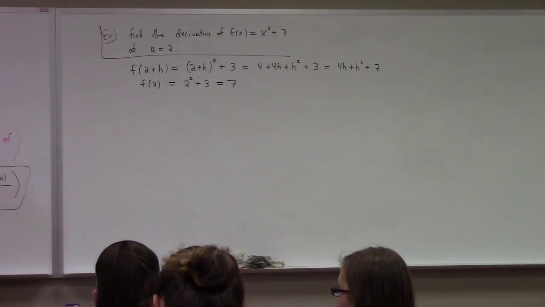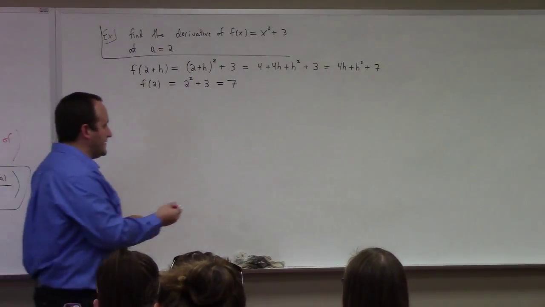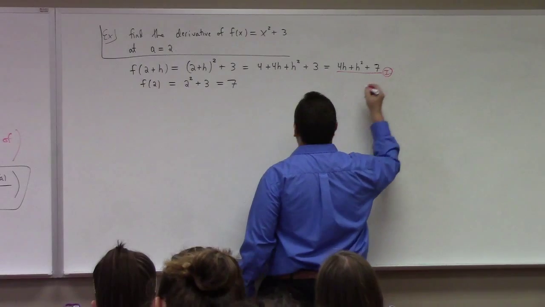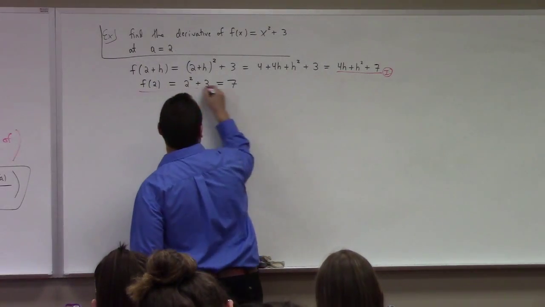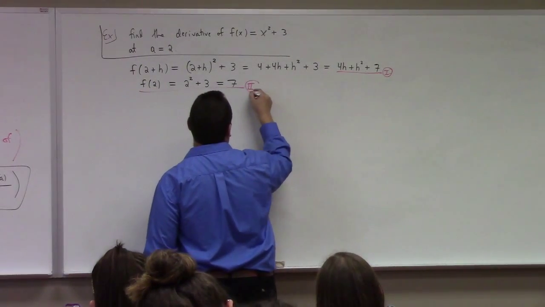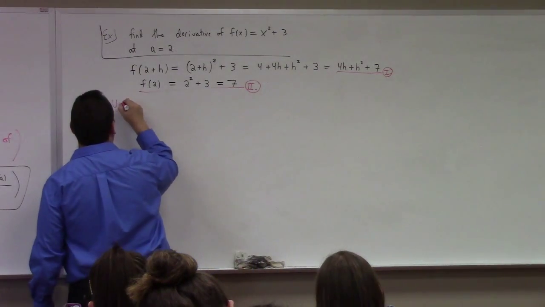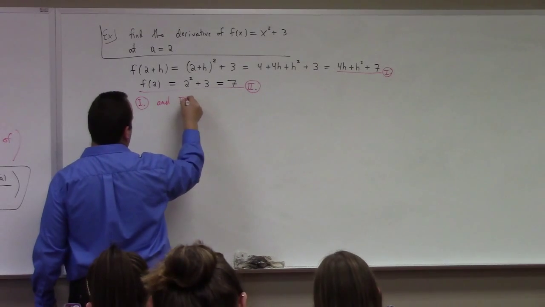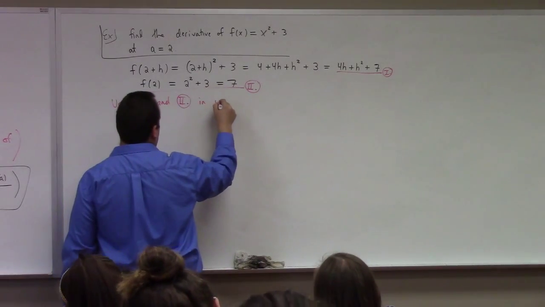Now I'm doing these parts separately so that you can understand what I do next easily. So I'm going to call this thing 1. I'm going to call this thing right here 2. Okay, so we can use 1 and 2 in what follows.